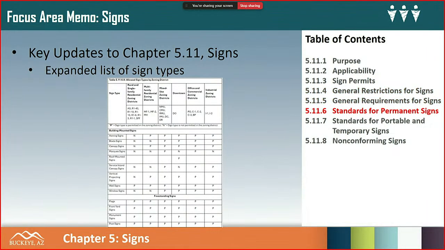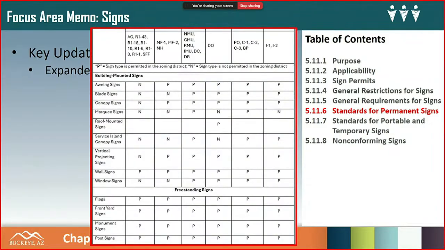So one of the first things we did is organize the sign types into building-mounted signs and freestanding signs. And then we showed in this table, if you go to the next slide, you'll see detail, how those sign types relate to the different zones within the city.